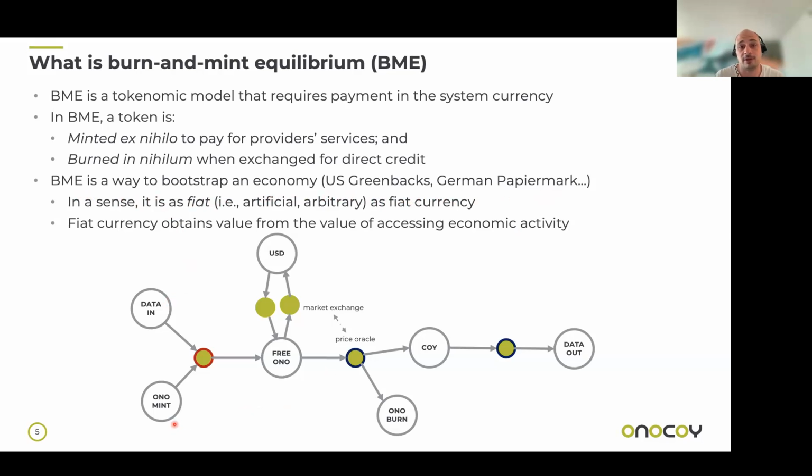So it's really fiat. It's artificial, arbitrary. Why do these things have to be this way? Why do you have to use Koi to pay for Onocoy data? It might seem unfair, but it's just as unfair as the use of fiat currency, and fiat currency certainly has a use.